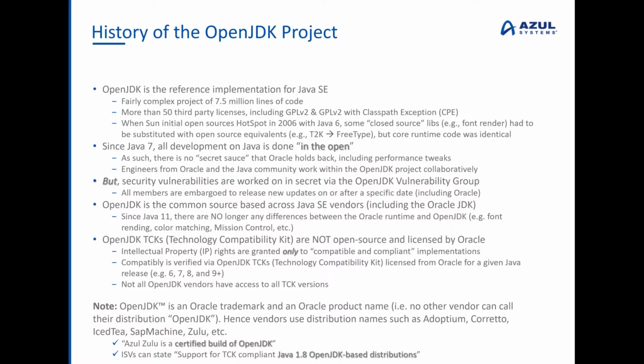That is an appropriate way to talk about an OpenJDK-based distribution. So subtle differences, it's important to remember, because there are a lot of distributions out there on the internet today. And if you see a vendor that is not Oracle calling their distribution OpenJDK, be cautious. They probably don't even understand the legalities and the trademark associated with this brand. And that's going to be, I think, an important indication of the seriousness of that vendor.